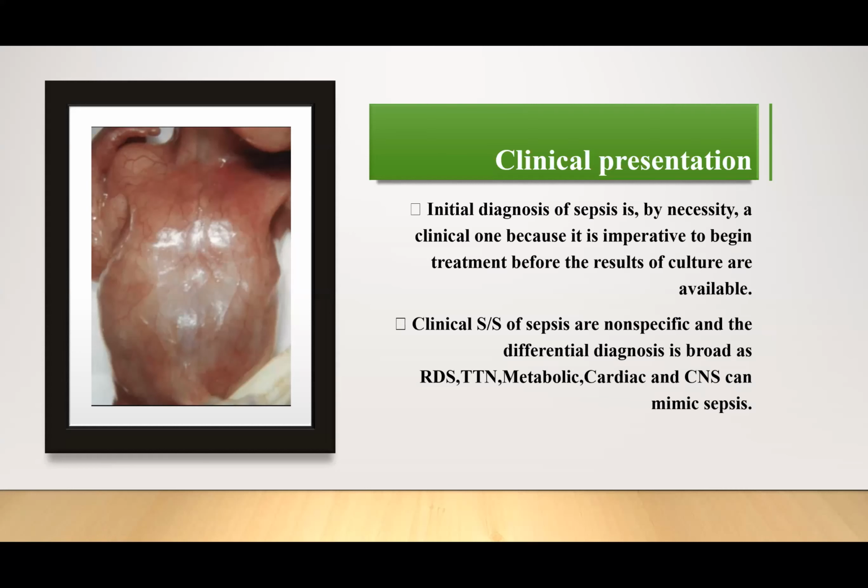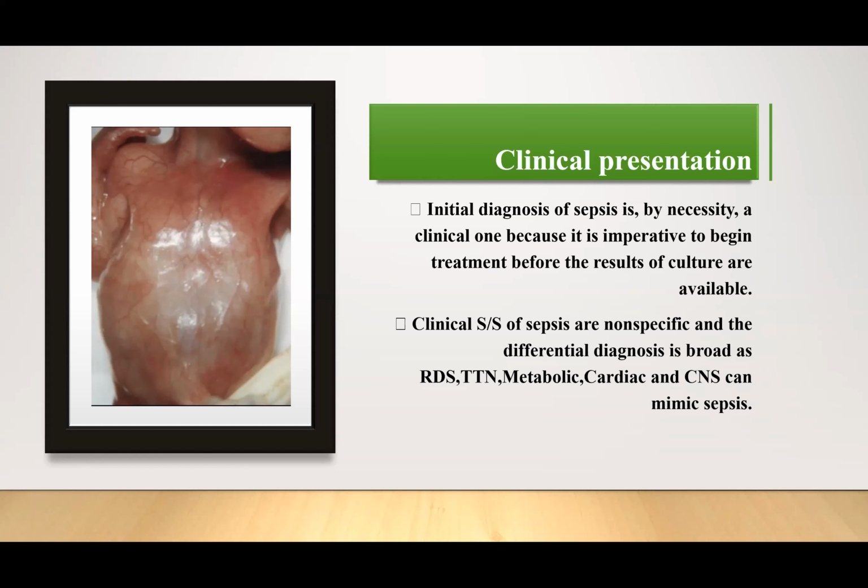Changes in behavior are very important. If the child started to be irritable or his tone has changed, please take care about that. The skin also: if there is poor perfusion, cyanosis, mottling.